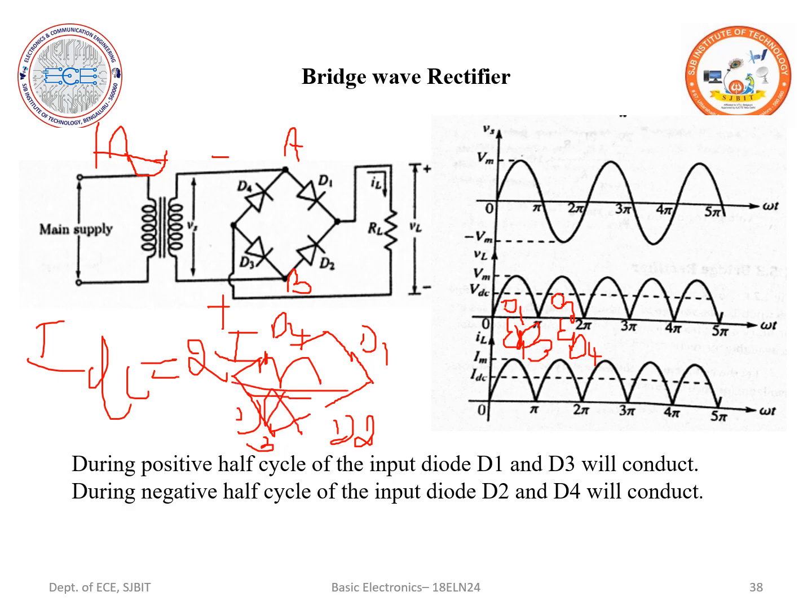Similarly, VDC is also equal to 2Vm by pi. Similarly, my IRMS value is also equal to Im by root 2 as in the center tap rectifier, and my VRMS value is also equal to Vm by root 2.